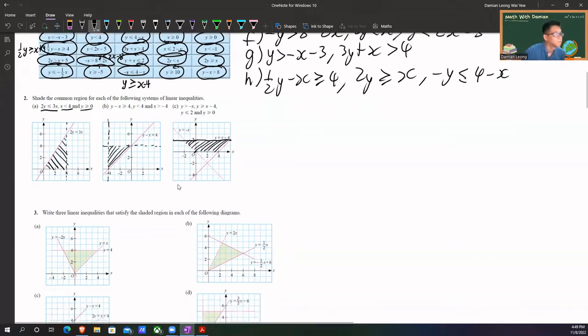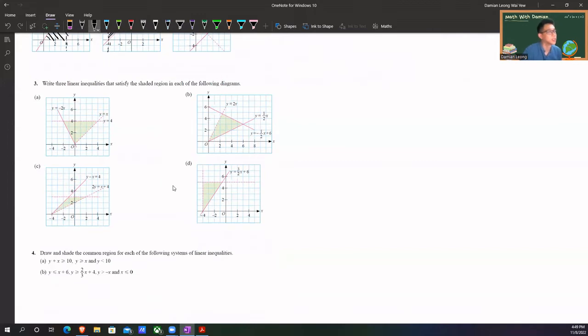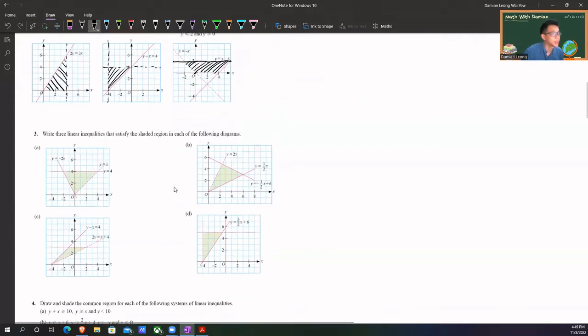Then question 3. Write 3 linear inequalities that satisfy the shaded region in each of the following diagrams. So the first one, this is below this line, the y equals 4. Just look at each line that bounds the shaded region one by one. From the line that bounds, we form an inequality by looking at whether it's above or below. So let's look at y equals 4.